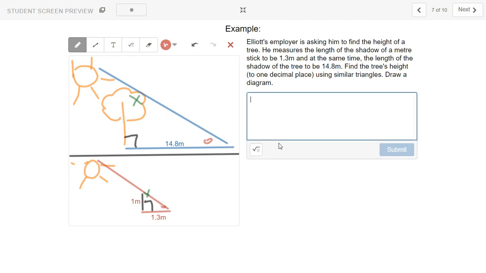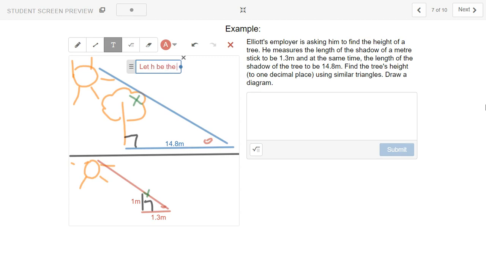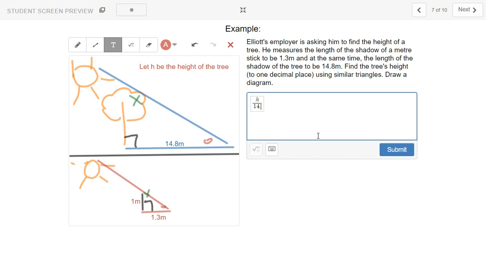Now, because these triangles are similar, I can use ratios to help solve for the height of the tree. I'm going to represent the height with the letter H. Let H be the height of the tree. So I'm going to take the height and the shadow. H over 14.8 is equal to height of the meter stick over the shadow.